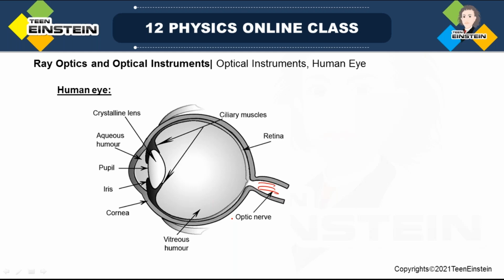All right, so these are the optic nerves, retina, ciliary muscles with vitreous humor, then lens, aqueous humor, pupil, iris, and cornea. These are the important parts of the human eye, which we have discussed now. You can just go through your textbook, then you will get the details somewhat more, maybe in written form.